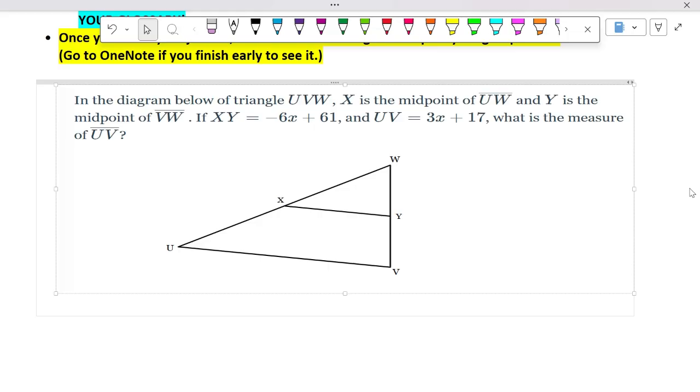Subtract the 17 over. I get 105 is equal to 3x. Divide by 3. All right. X should be equal to, I think it's 38.